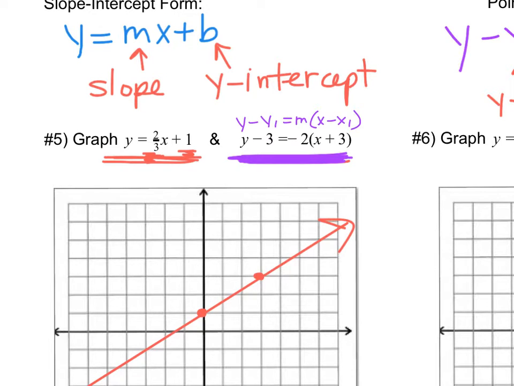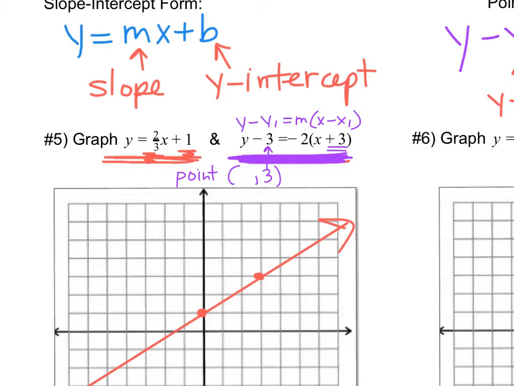So if I'm saying y minus my y1 value, what is my y1 value? Positive. It's 3, right? So if I'm naming a point here, that is my y value. So not only is it the opposite of what it looks like, it's coming first, but you're writing it second. Okay? So this is going to be a positive 3 because of that 3 right there.